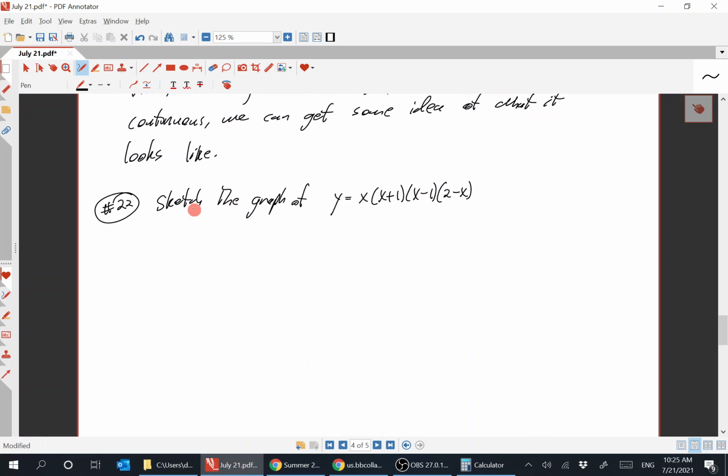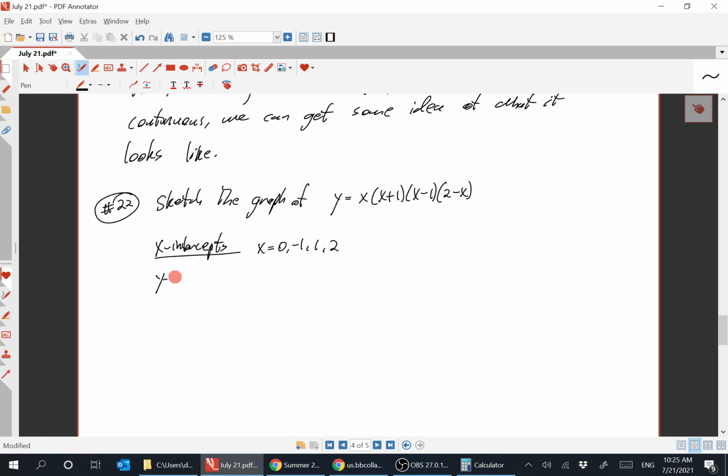Okay, so, well, the x-intercepts, that's where this product is equal to 0. That's either at x equal to 0, negative 1, positive 1, and positive 2.